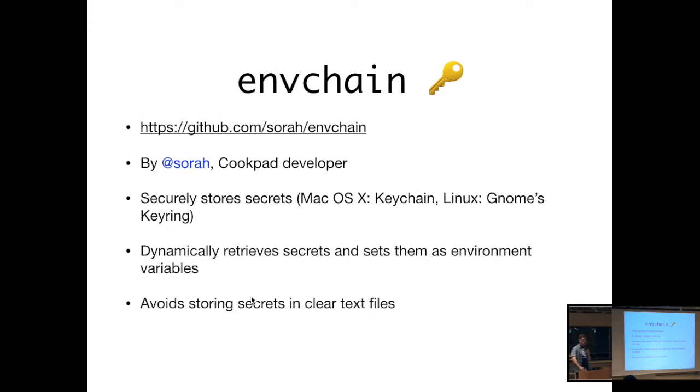A small command that was written by Soap, who is a developer at Bootpad 2, which is going to store your secrets in either keychain on macOS or keyring, which is the equivalent on Linux GNOME, and provide them back as environment variables when you call it. They stay encrypted on your hard disk. They're not clear, so I felt safer with that.